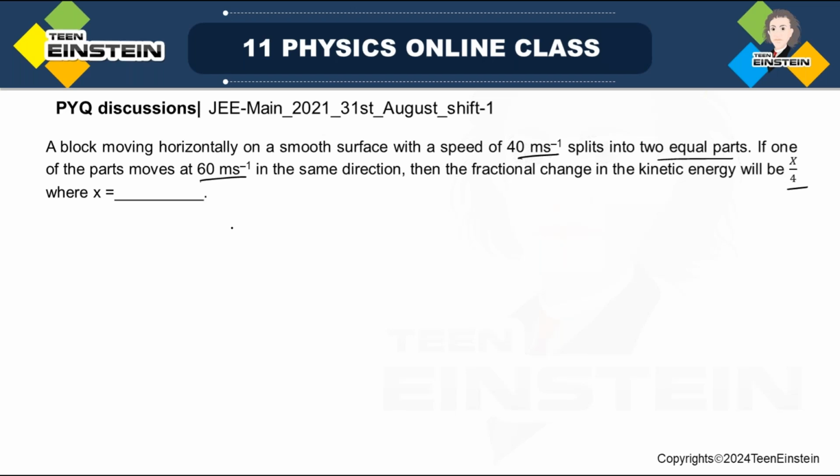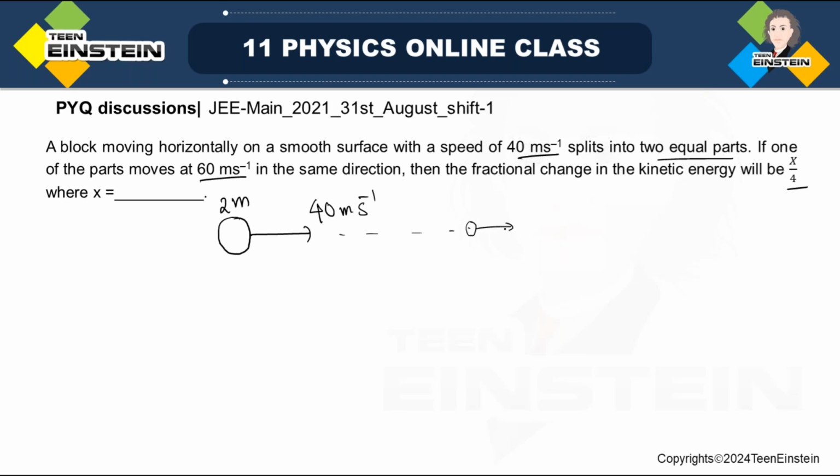Let me just explain the problem. Suppose there is a mass like this. Let us take this mass to be 2m, moving initially with velocity 40 meter per second. Now, on the way, somewhere it breaks into two.